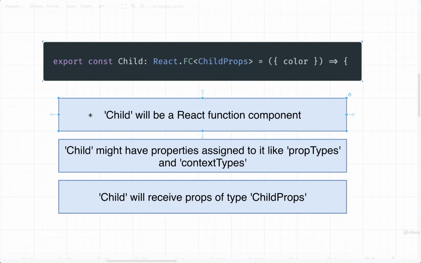Because we are saying that it might be a React component, that means that we might have some additional properties assigned to it, such as prop types, context types, display name, and so on. We are also telling TypeScript that this component is going to receive a props object of type ChildProps. That's what that set of angle brackets right there is doing. So we get all the benefits of what we had before, but now we can also work with these different properties on the component itself, such as prop types, context types, and so on.